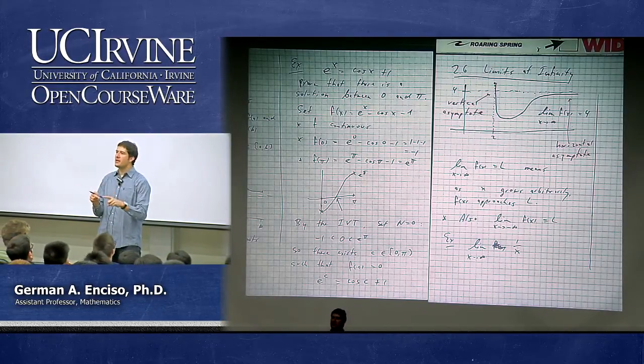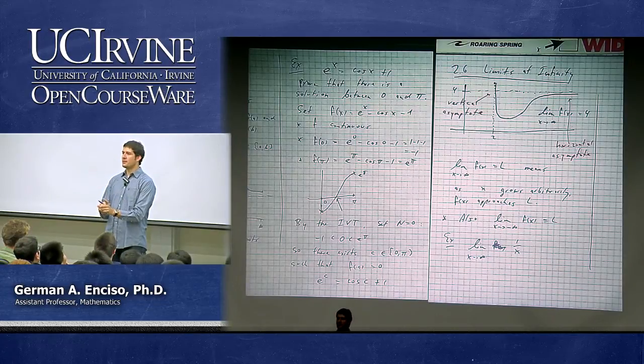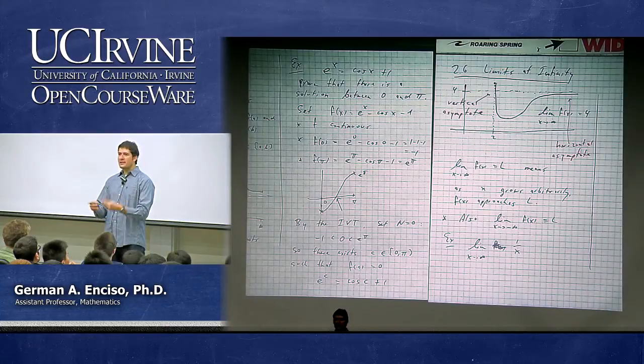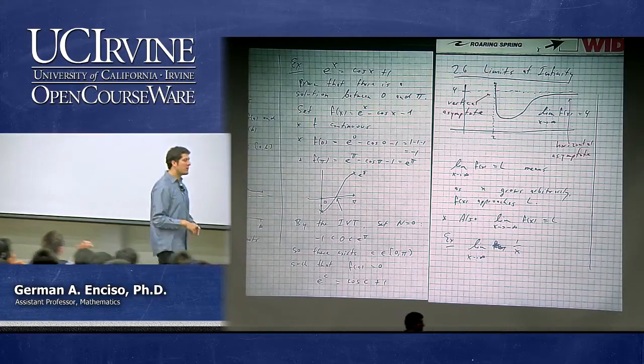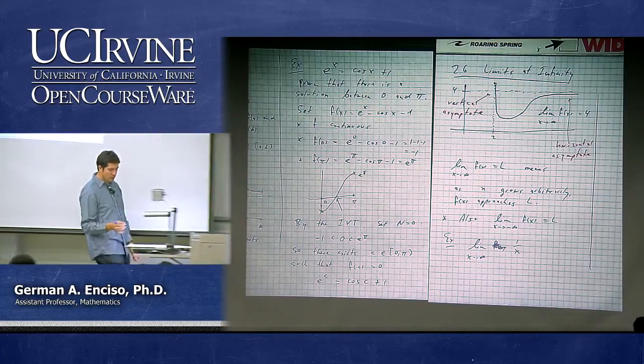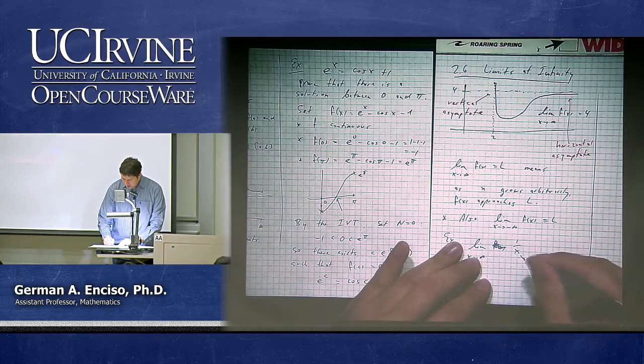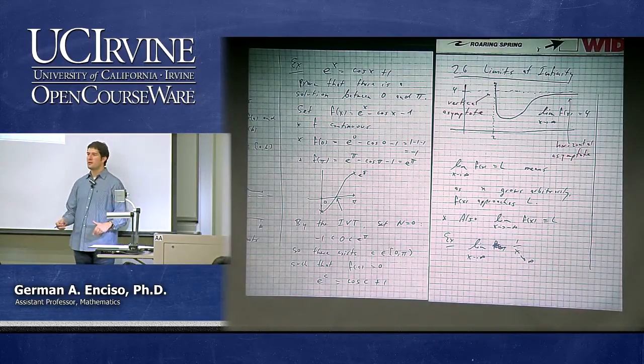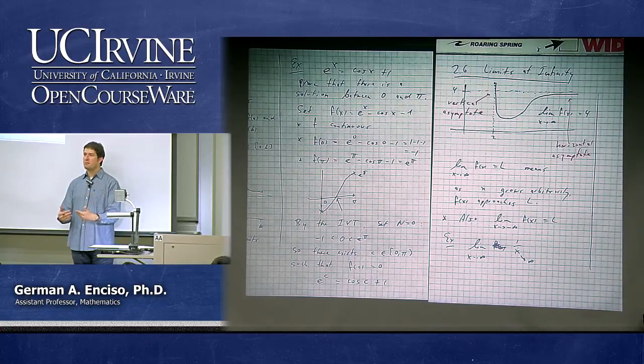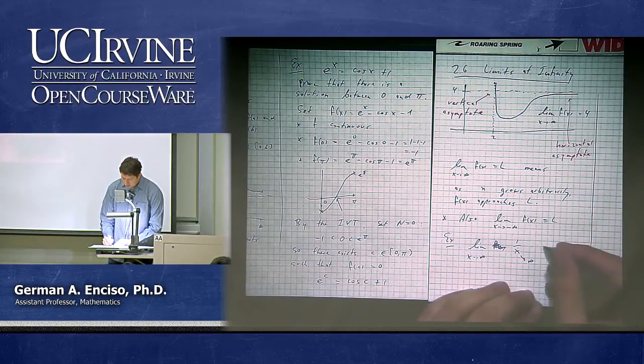You cannot actually set x equal to infinity on the bottom. As x becomes bigger and bigger, the bottom part becomes larger and larger. So it's not like you can set this equal to infinity, but you can say that the bottom goes to infinity, and the thing on the top is 1, so the whole fraction goes to 0.